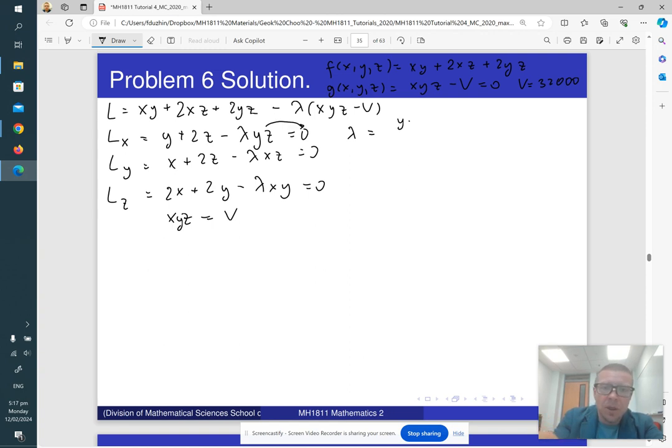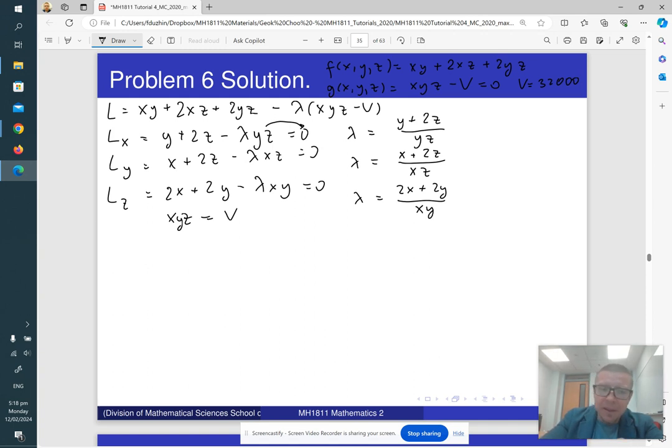I will get (y plus 2z) divided by yz. From the second equation, lambda is (x plus 2z) divided by xz. And from the third equation, lambda is (2x plus 2y) divided by xy.